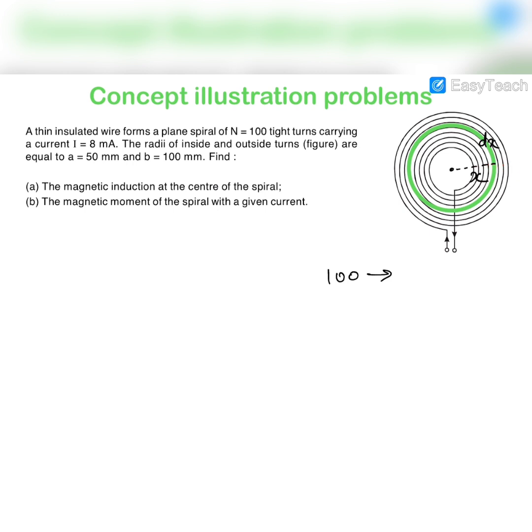Let us suppose that b is equal to 2a, because b is given as 100 mm. So the width will be b minus a, which is a. On width a there are 100 turns. On unit width there would be 100 by a turns, and on dx width the number of turns dn will be 100 by a into dx.